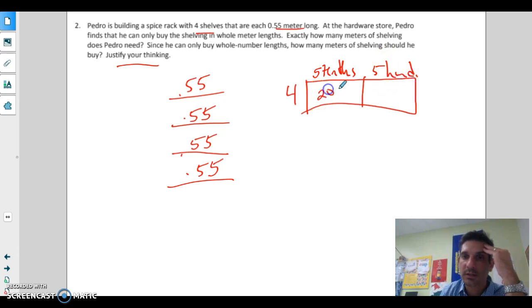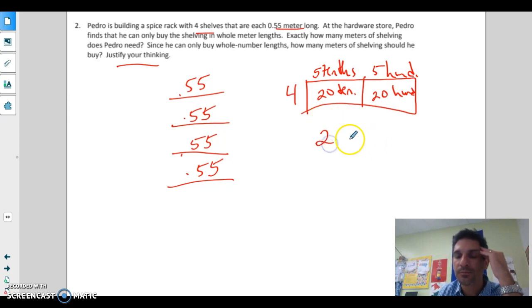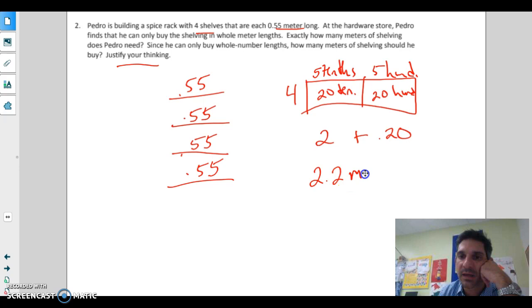Okay, so that's 20 tenths. And this is 20 hundredths. So what does that look like? 20 tenths is actually 2, because it'd be 2.0, plus 20 hundredths would be 0.2. So Pedro would need 2.2 meters of shelving.